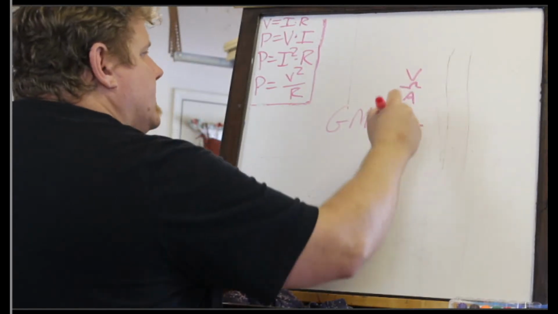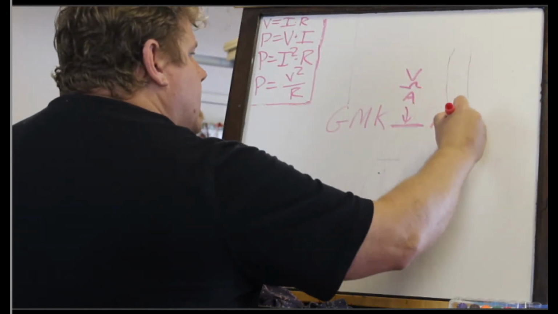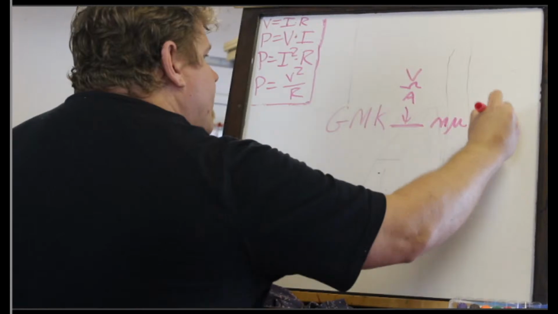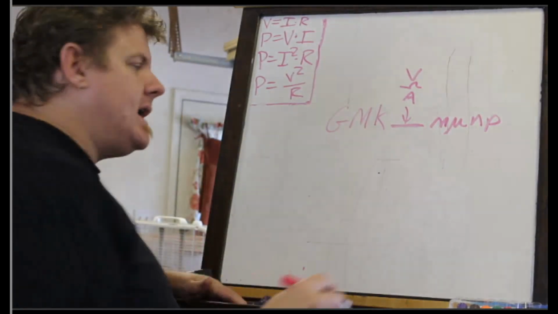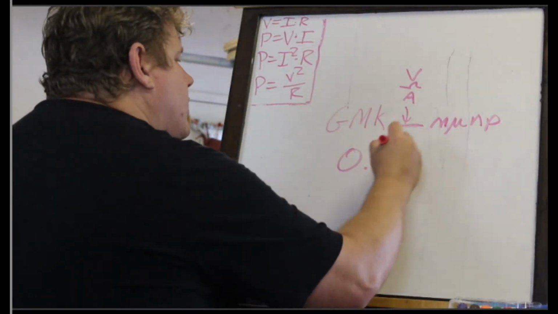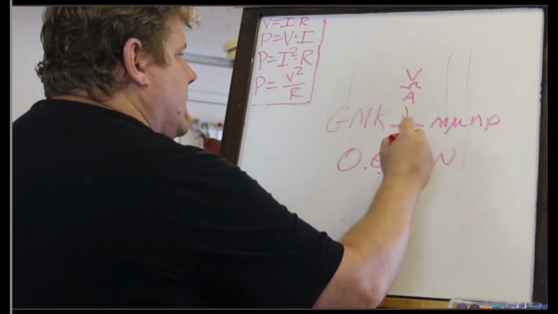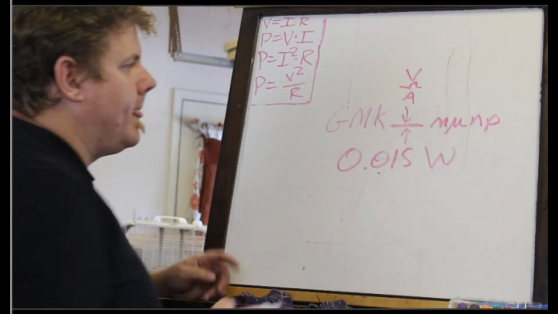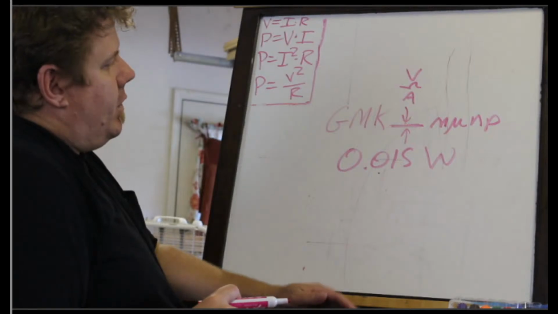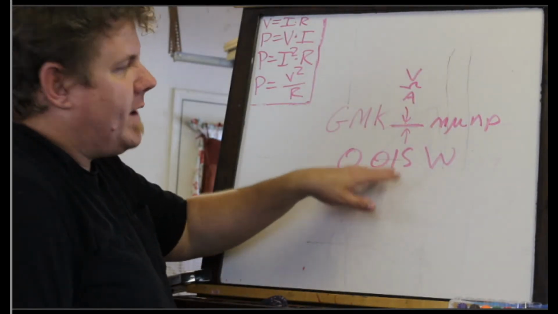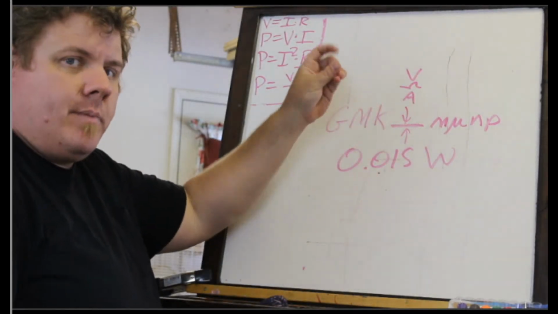There's no prefix there, and then you go down to milli, micro, nano, pico. Okay, so you got an answer in 0.015 watts. Okay, and so that means you're right here. And so is the number 0.015 between 1 and 1,000, including 1 but not including 1,000?